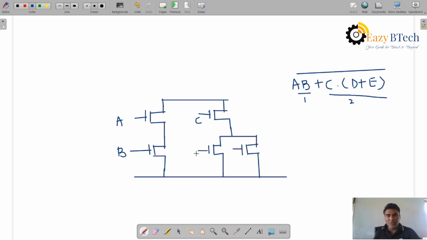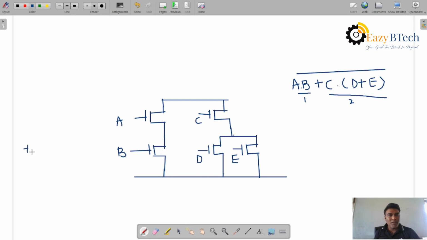This is the logic of NMOS. AB is in series, and the second term is completely parallel. OR logic: C is in series with D plus E, and D and E are parallel. So plus means OR logic, AND means product term, and AND means series logic. Plus means the transistors are parallel.